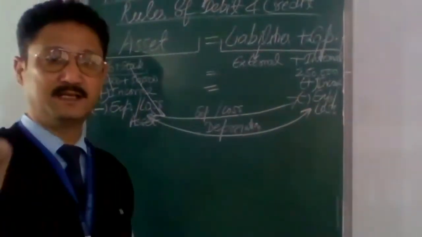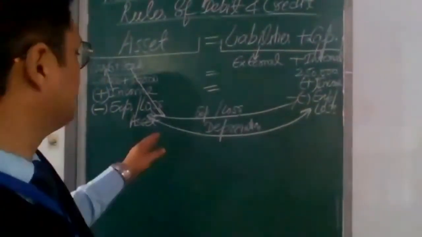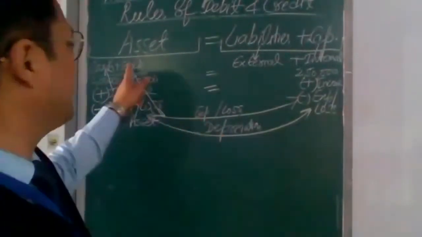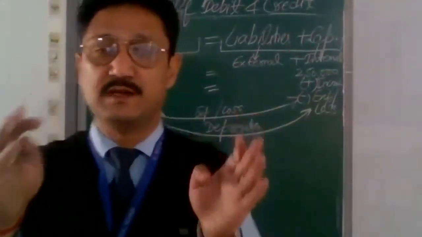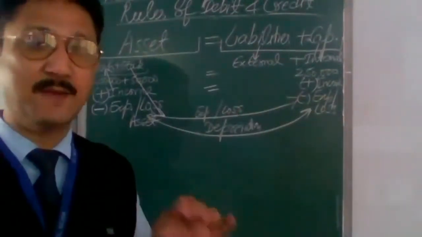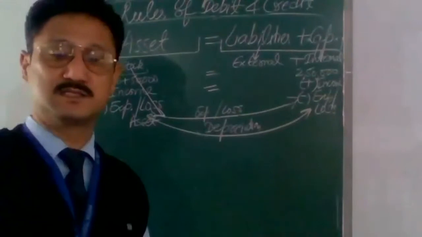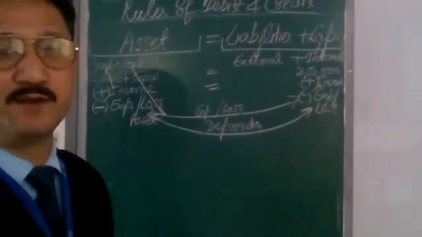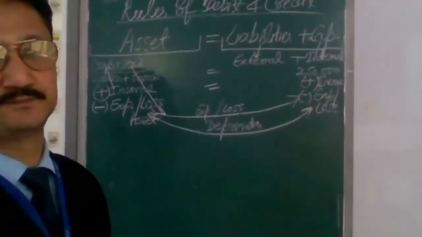Whatever asset is depreciated, we will subtract the depreciation from that asset and we will also subtract it from the capital, because this loss will also be borne by the proprietor.